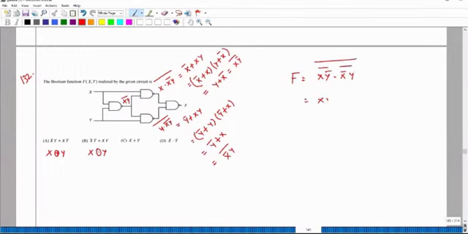So this is equal to x y bar plus x bar y. So this is nothing but x bar. Option A is your option.